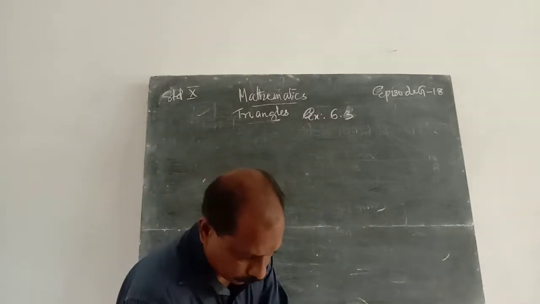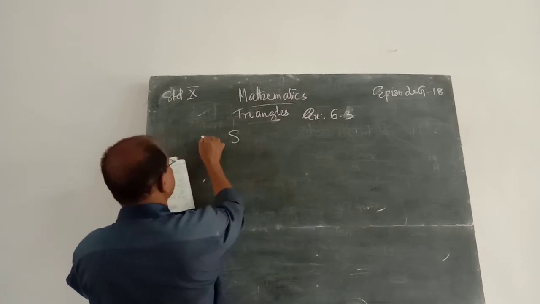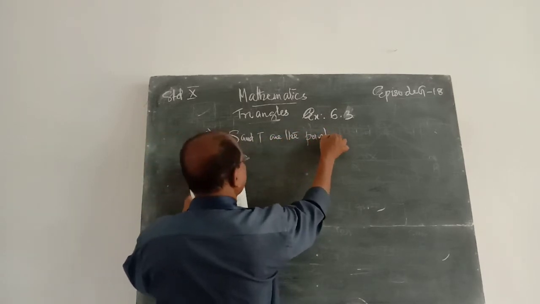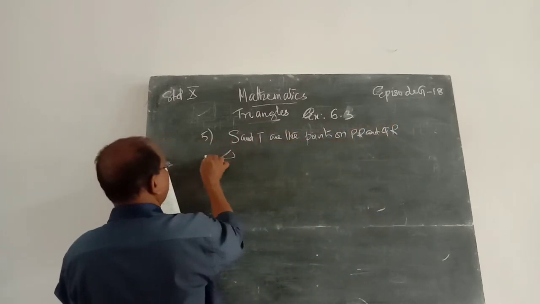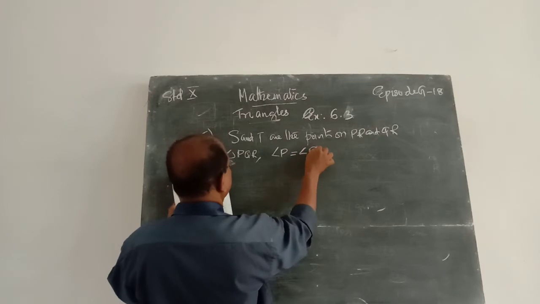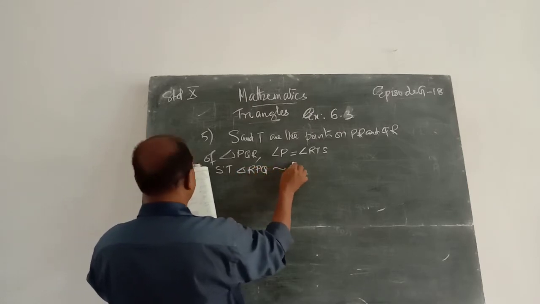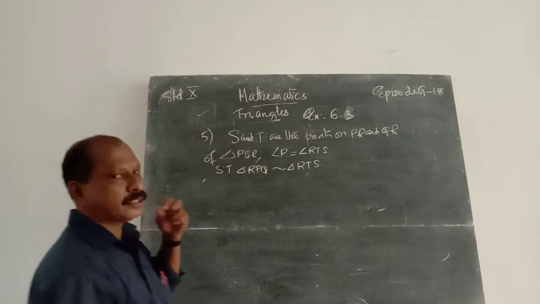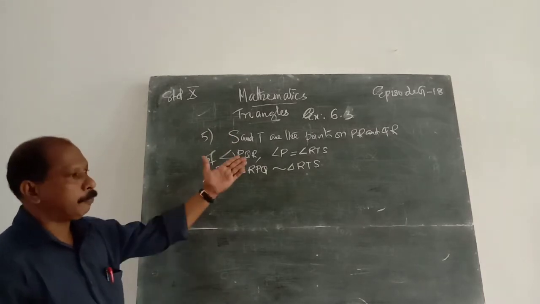Okay. Then the fifth question is, S and T are the points on the side PR and QR of triangle PQR, and angle P is equal to angle RTS.